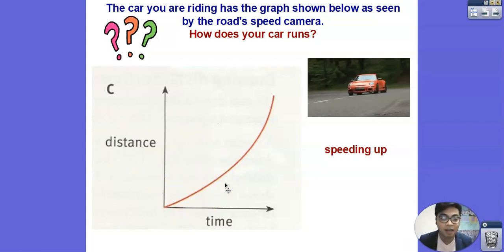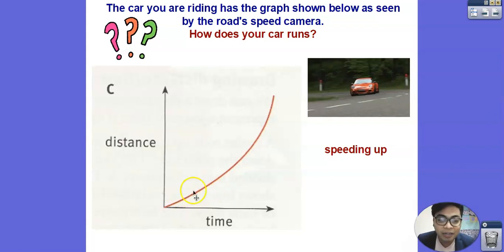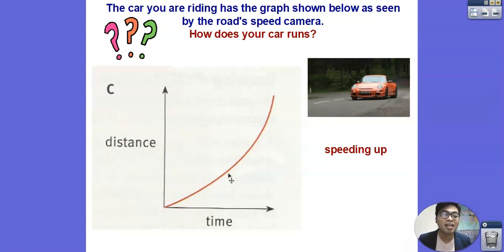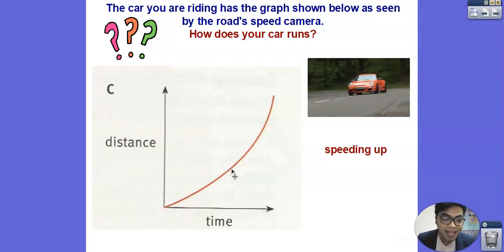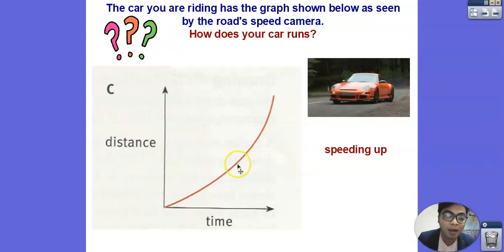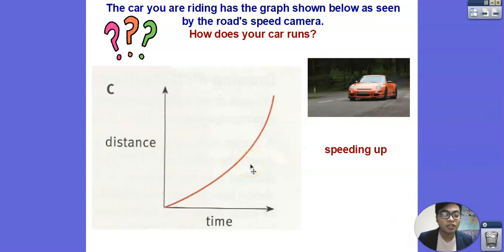So the curve here shows that it is increasing its speed over time that is traveled, because it tends to increase its distance. If the graph shows a little bit curved like this, we call this parabolic. So this shows that the car is speeding up.